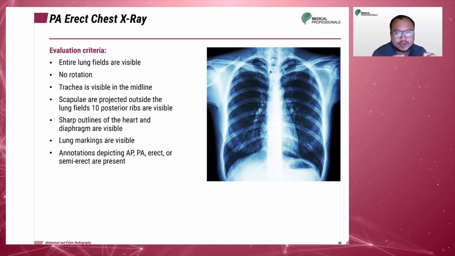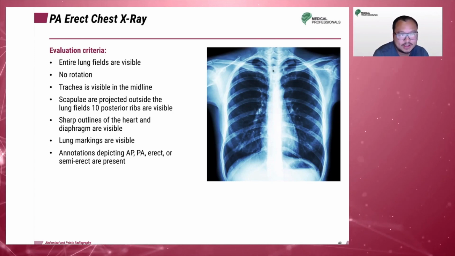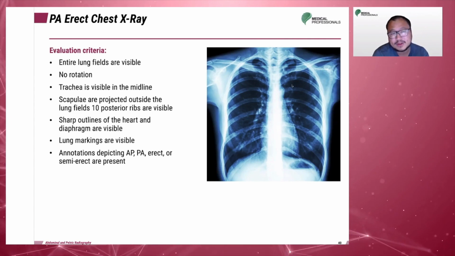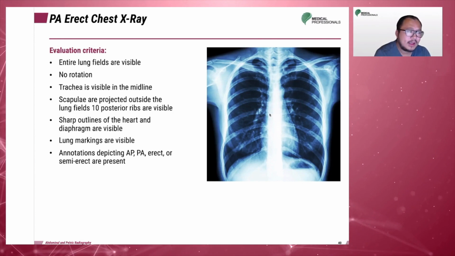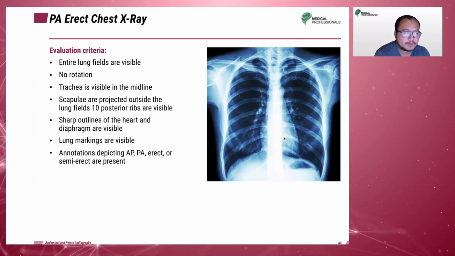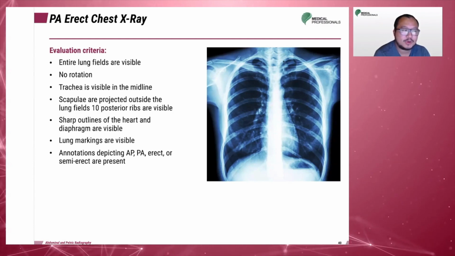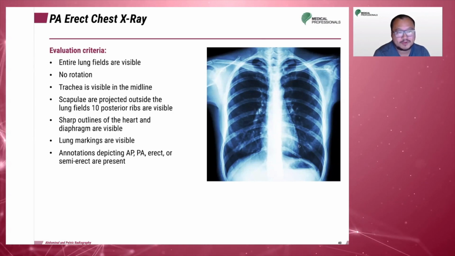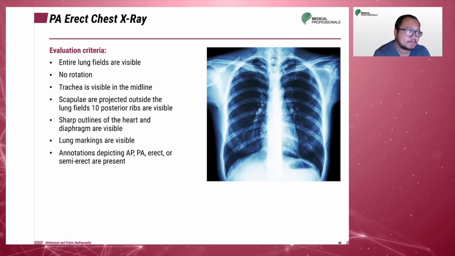They should be equidistant from each other. We should see the trachea midline, so that's what we're seeing here. The scapula outside of the lung field, which means we rolled the patient's shoulders forward. We should see outlines of the heart, which we do here. We should see 10 posterior ribs above the diaphragm. So if we were to count here, we would have 10 posterior ribs above the diaphragm. That's how we would know we had a good inspiration.